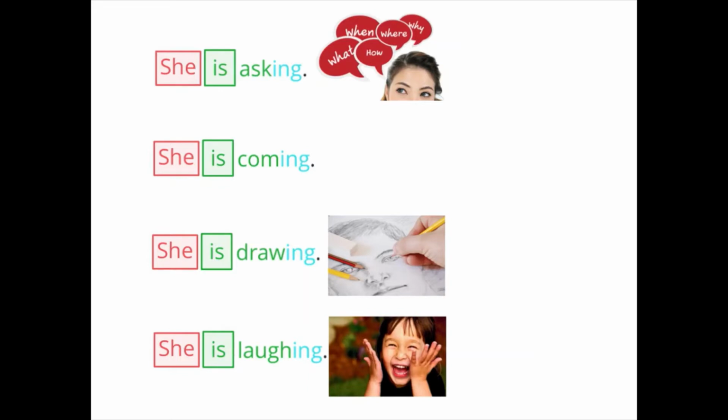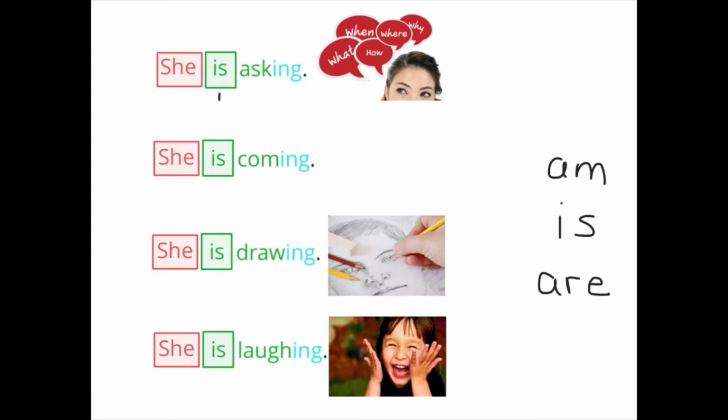I am going to add ing to each one and use it in the type of sentence that has the subject of the sentence that tells us who it is about, and then a two-part verb. The first part will be the verb to be, which is I am, or if the subject is just one person, we use is, and if it's more than one person, we use are.